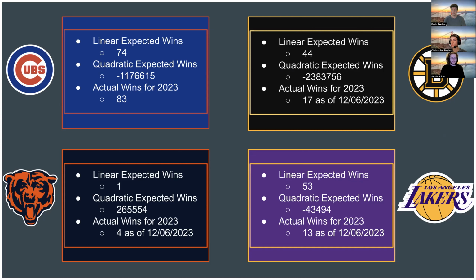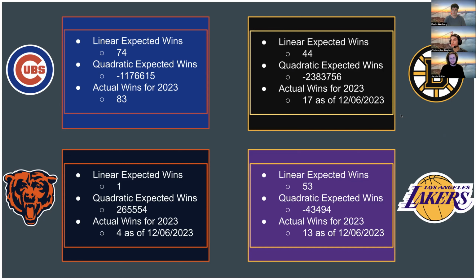For the Chicago Bears, the linear expected wins was 1, and the quadratic expected wins were about 265,000. And so far in this current season, they have 4. So the linear has underestimated it, and the quadratic has perhaps overestimated it.